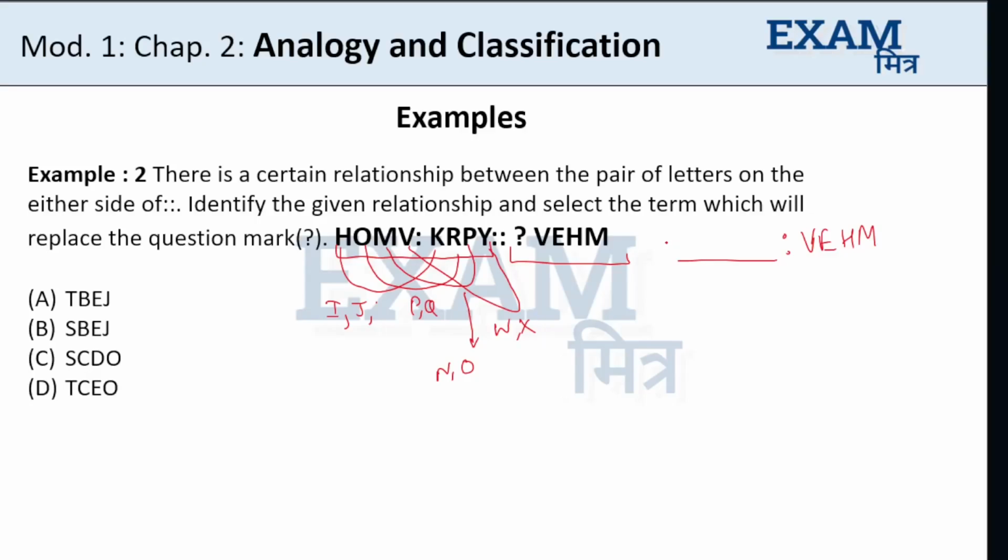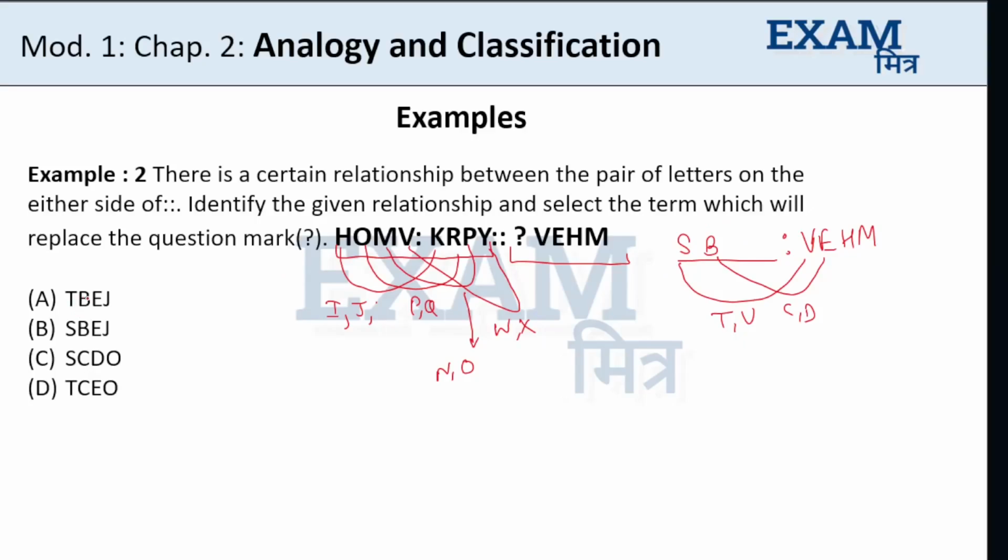You know that after S, if we skip two letters, that is T and U, then we will get V. Similarly, after which letter do we skip two letters to get E? You know that if I write B here and I skip two letters, that is C and D, I am getting E. This is enough to get the solution.